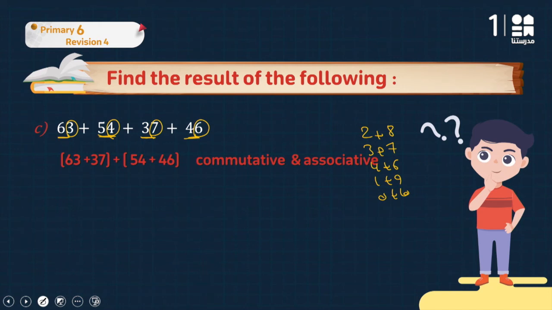If I'm adding altogether, 63 plus 37 على طول give me 100. 54 plus 46 also give me 100. So 100 plus 100 give me 200. By this way I answered very fast without any need for a calculator.